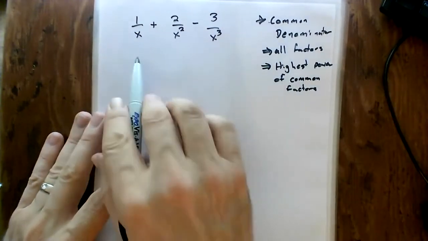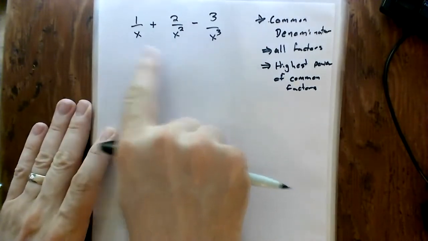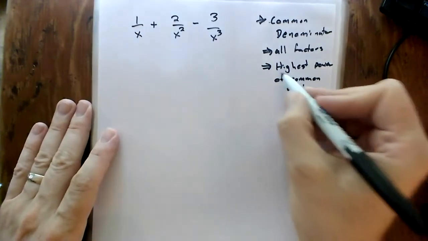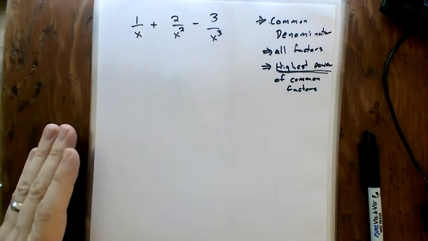So in this example, I've got x squared and x cubed. So x is clearly a common factor, and I have to choose my highest power. So it's going to be x cubed.